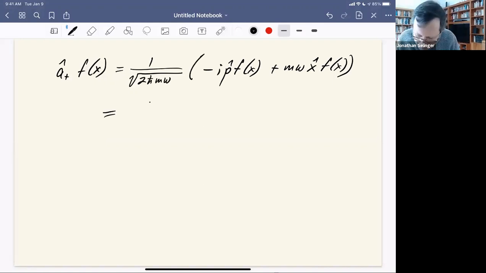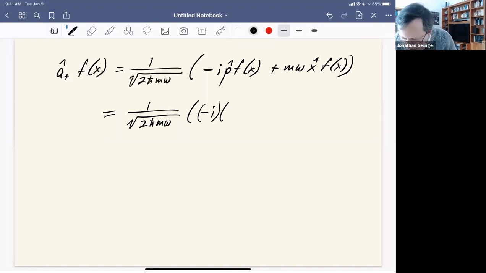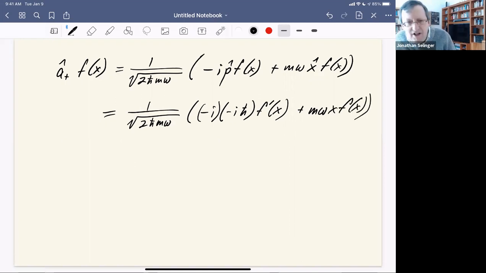And that means, with this square root, here I have negative i times p hat, which means negative i h bar derivative with respect to x, so f prime of x, plus m omega x f of x.